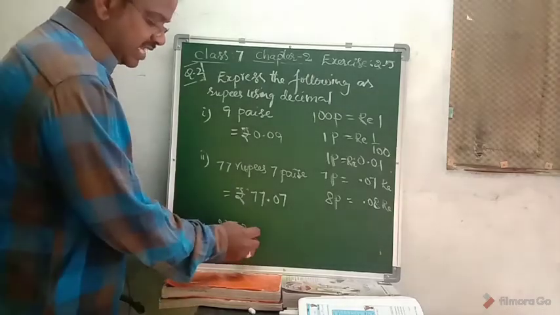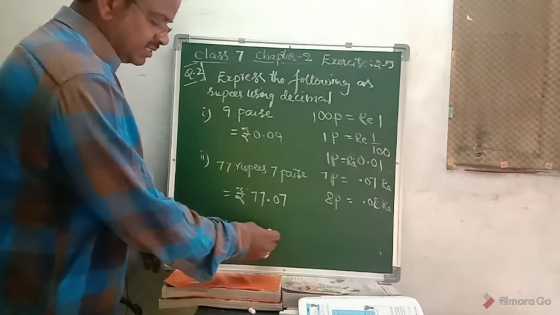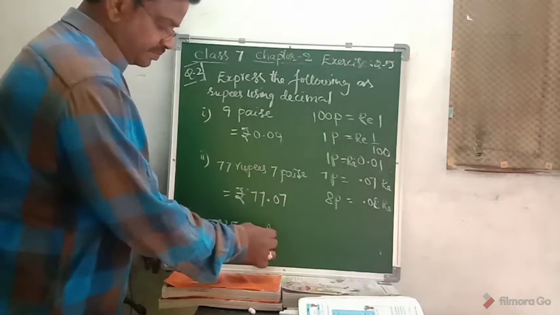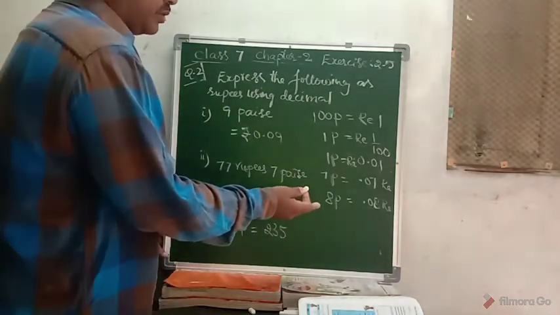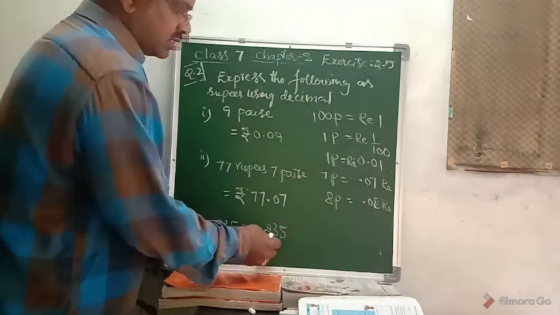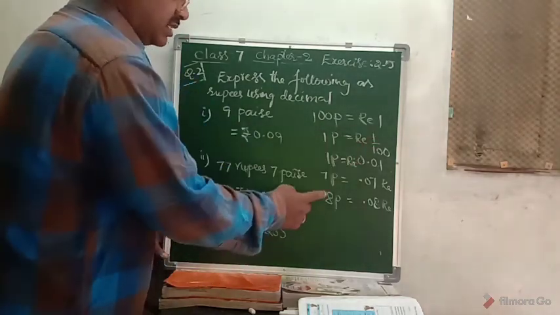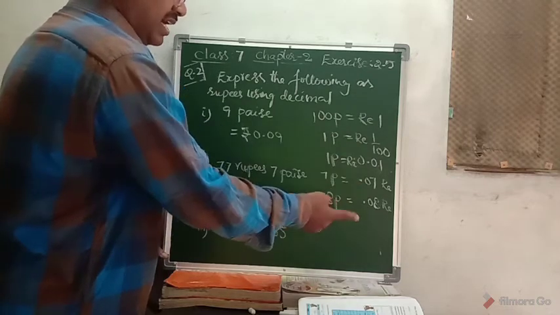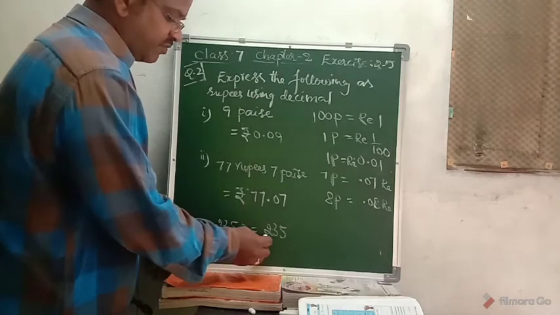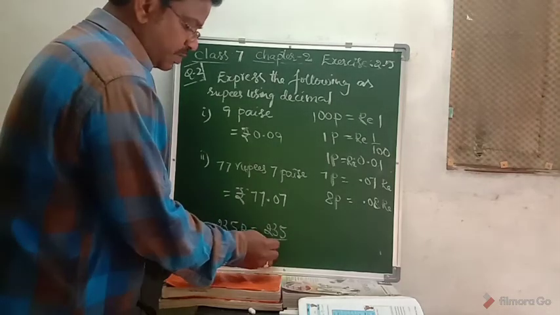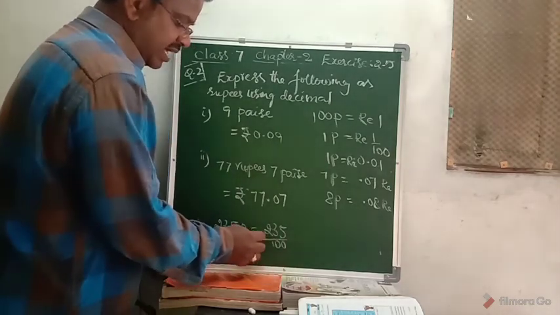Now 235 paise. When we convert paise into rupees, 1 paisa is 1/100, 7 paise is 7/100, 8 paise is 8/100. So we convert 235 paise into rupees by dividing by 100.